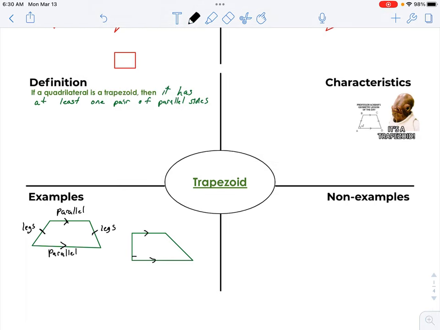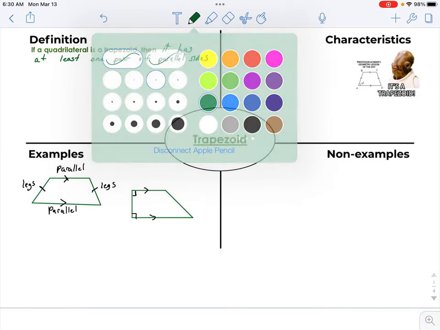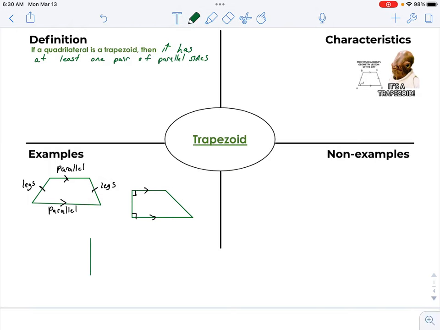Parallel. So yeah, that could be a right angle if you want. All right, you just need a pair of parallel sides. And they could be ugly, like this right here would even be a trapezoid, a very goofy trapezoid, but it has a pair of parallel sides.